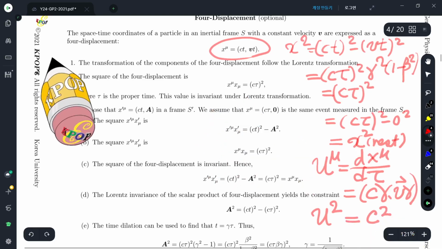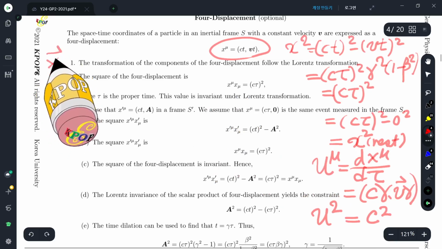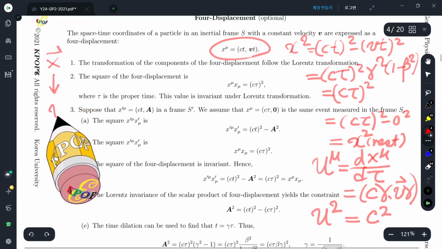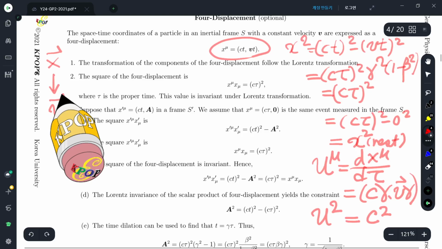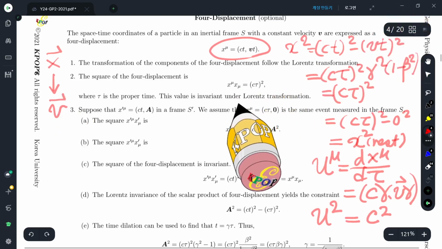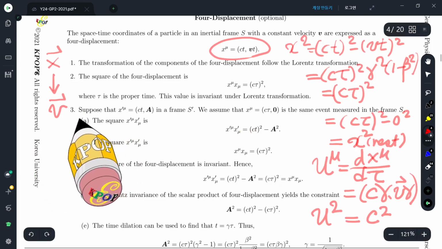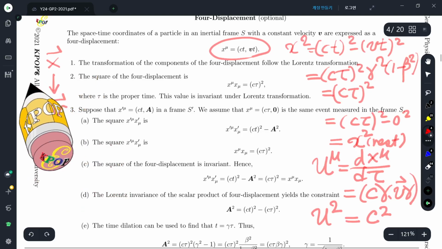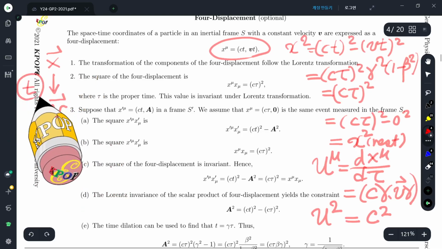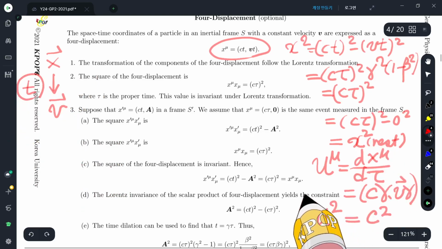Just like what we have done with the derivation of the velocity from the displacement, according to Galilean relativity, I can divide this one by t. Here we have divided by proper time tau.